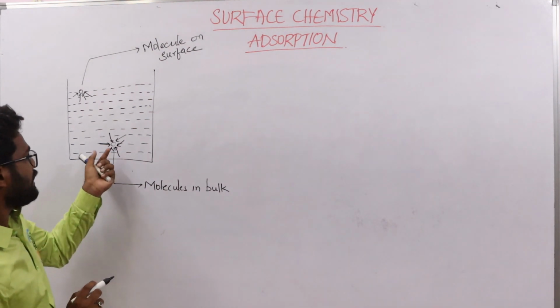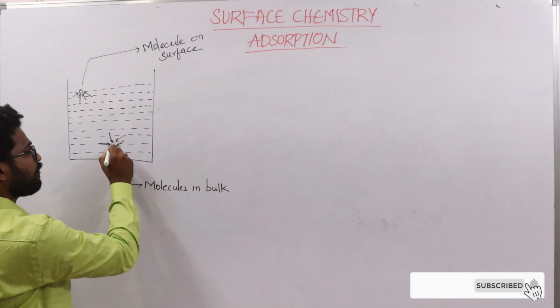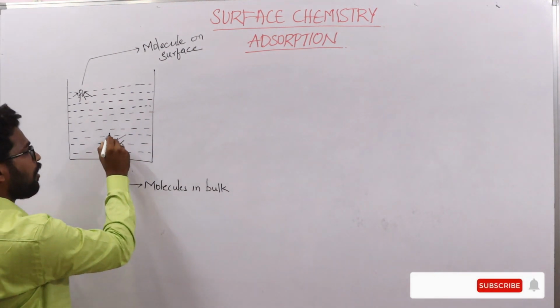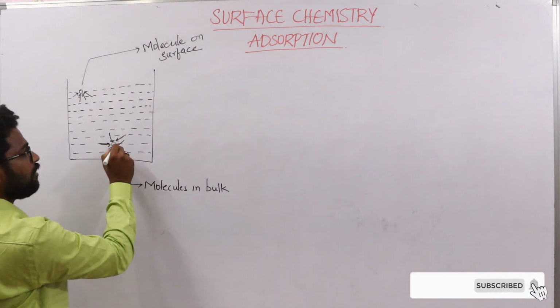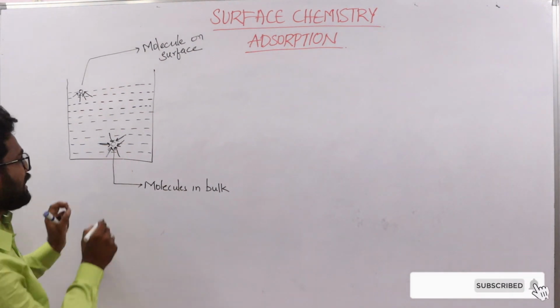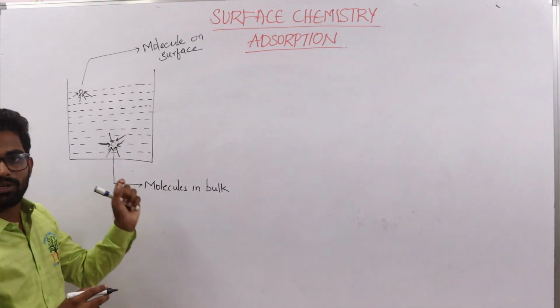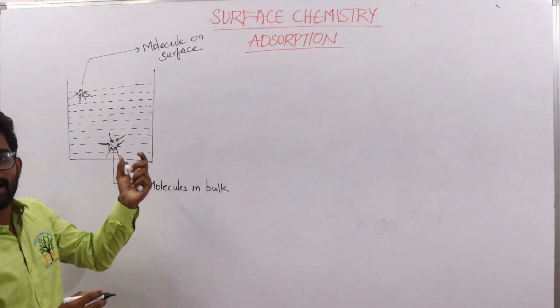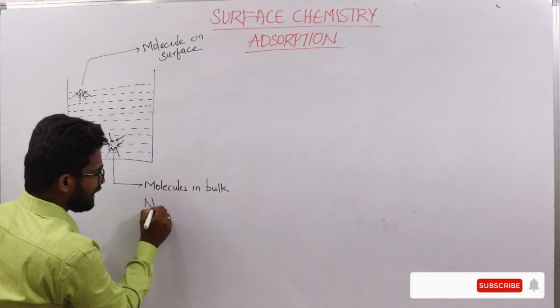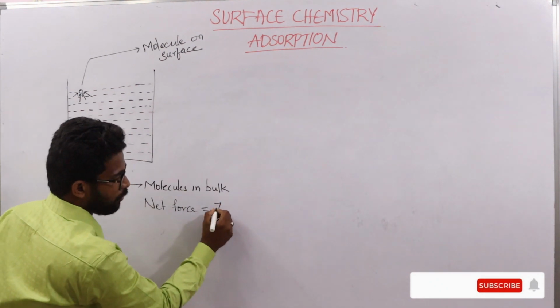Firstly, the molecule present in the bulk has forces exerting from all sides. So the net force, that is the attractive or repulsive forces acting on the molecule in the bulk, is equal to 0.